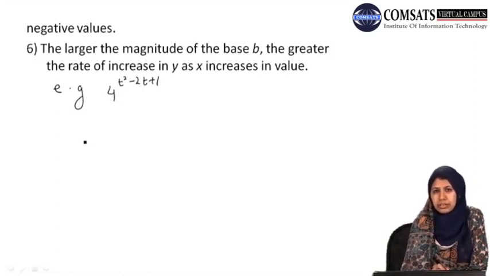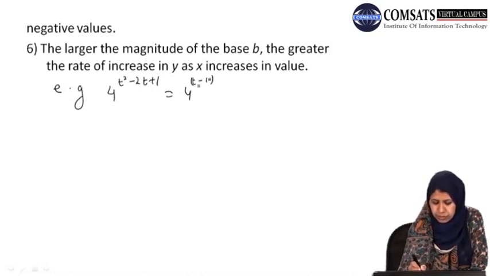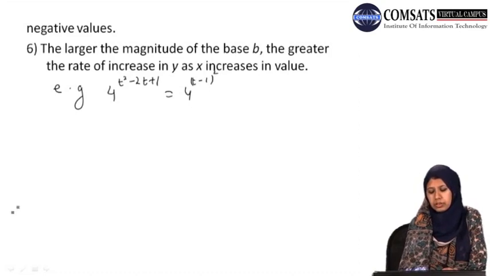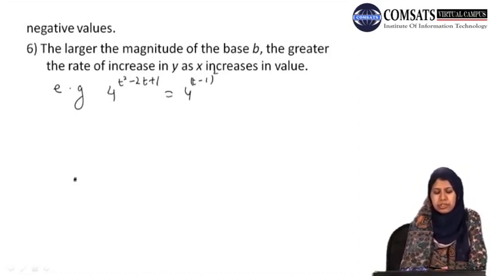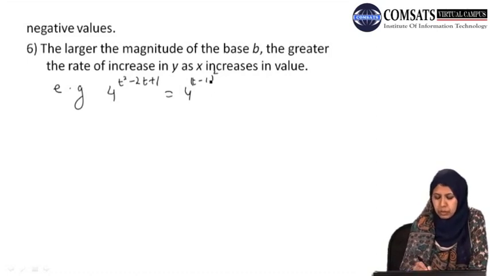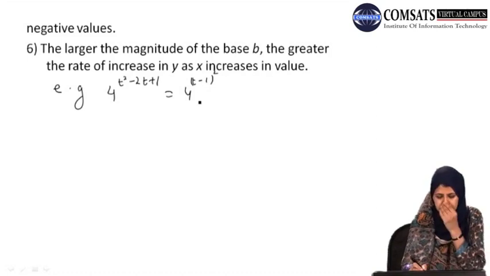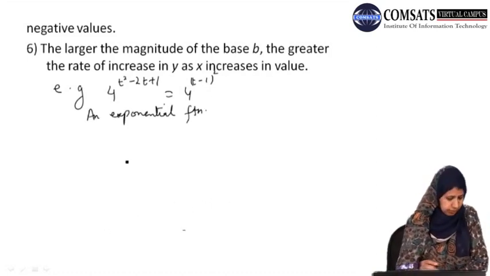Immediately if we look at the function, we say no. But the exponent can be simplified as t minus 1 whole square. Opening the square of a minus b, we obtain the same exponent, that is t square minus 2t plus 1. Now the exponent is t minus 1 whole square and the base is 4. So this is clearly an exponential function.